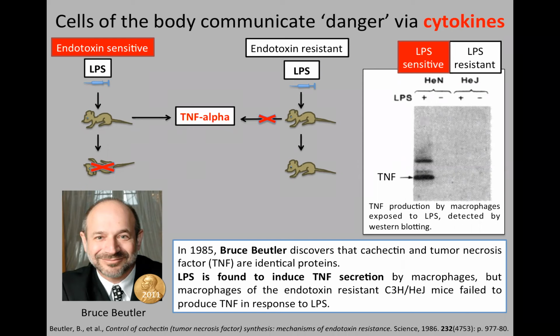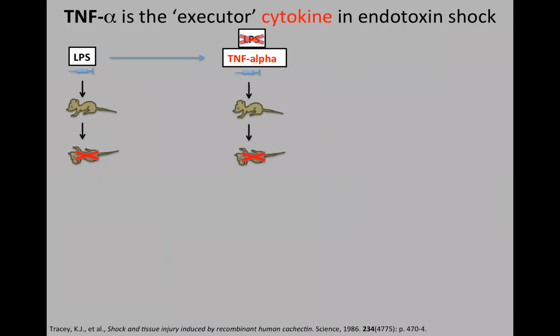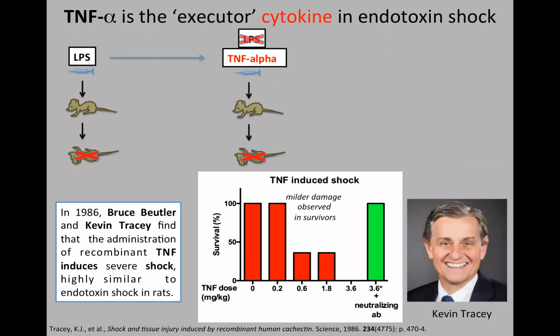So LPS was found, first of all, to induce TNF production, and then back in 1986, he and Kevin Tracey had the idea, why don't we try whether TNF-alpha by itself can induce a lethal reaction? So instead of LPS, they used recombinant TNF-alpha, and they injected the animals with TNF-alpha, and this one induced very rapid death in the animals.